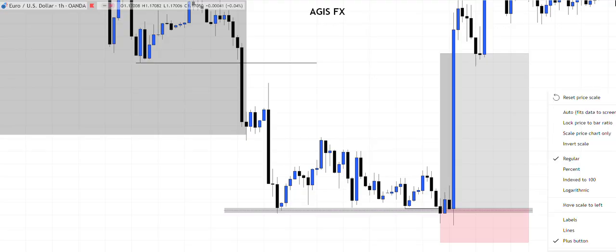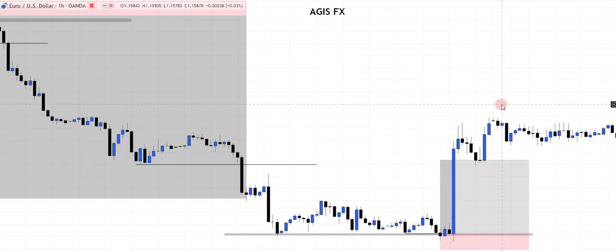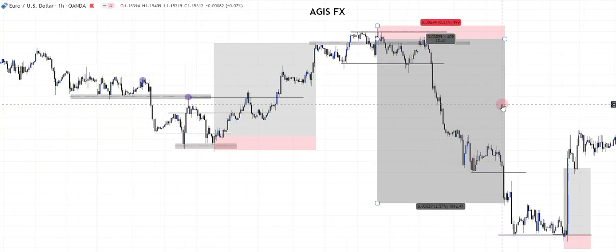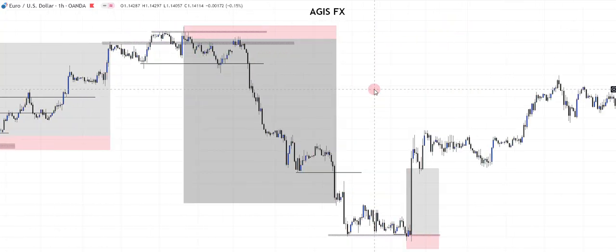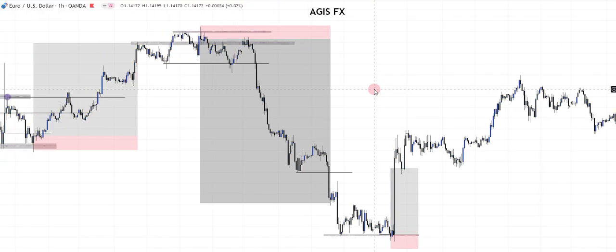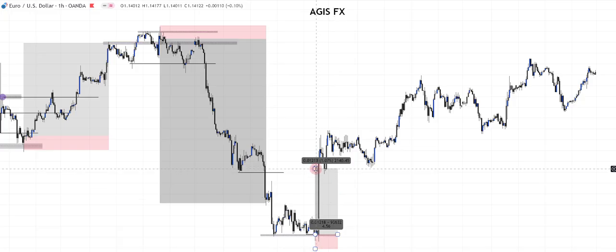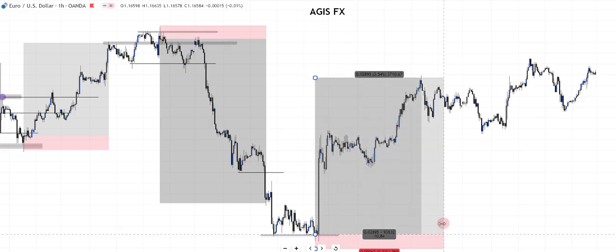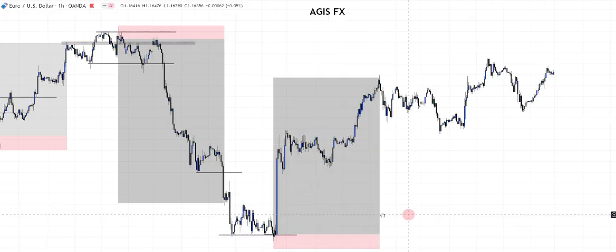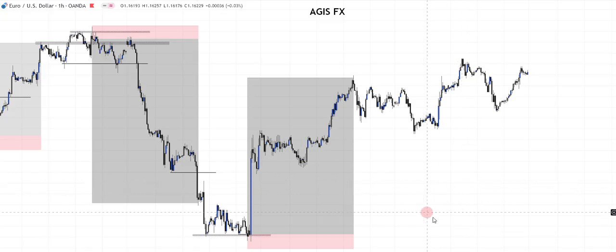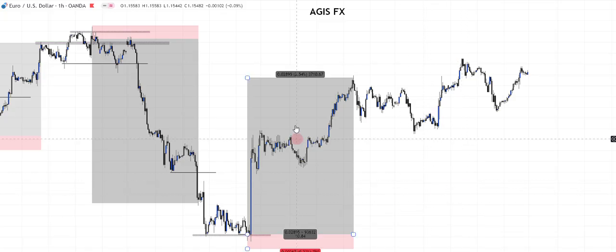And you can see price went from here. So this was a big move, right? It went as high as this. So that's just how it is.